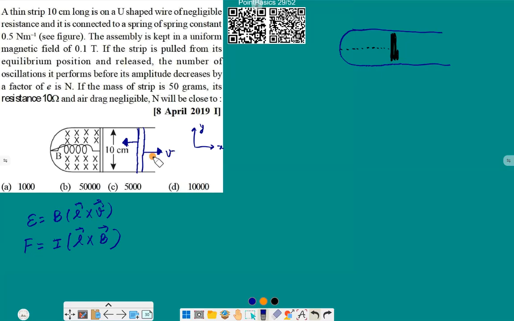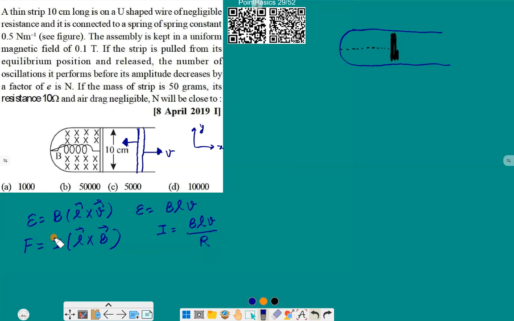The force induced due to this EMF: we have EMF equal to BLV, and due to this EMF there will be a current, which is BLV, the induced EMF, divided by the resistance R.